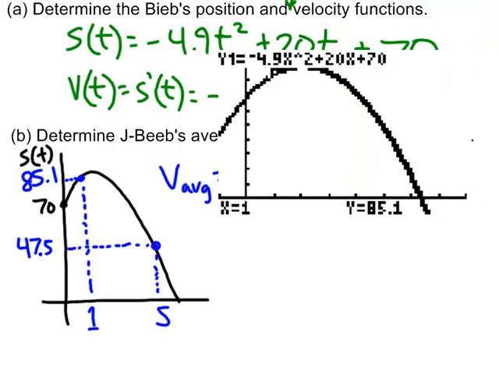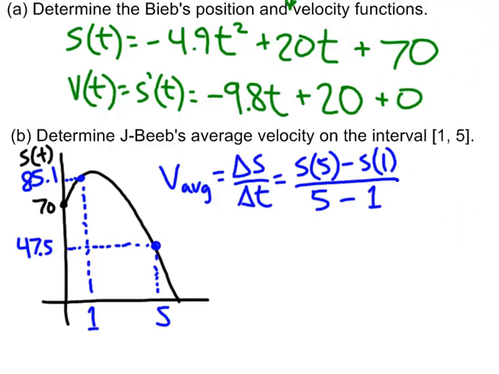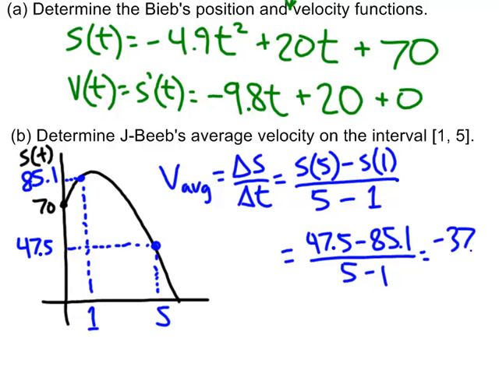And so that gives me 47.5 minus 85.1 over 5 minus 1. That's going to give negative 37.6 over 4, which in turn gives me negative 9.4.